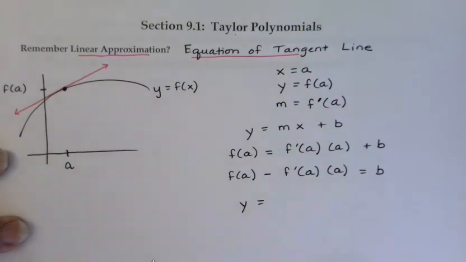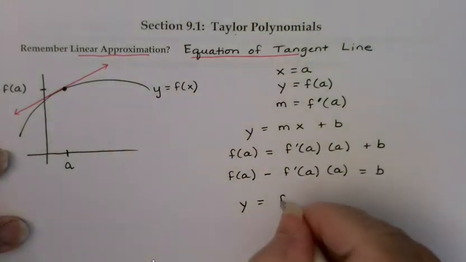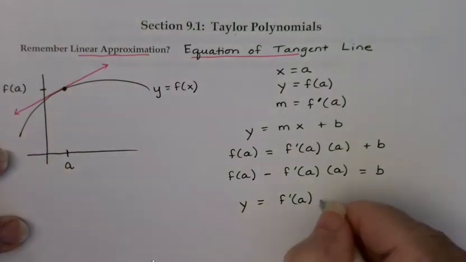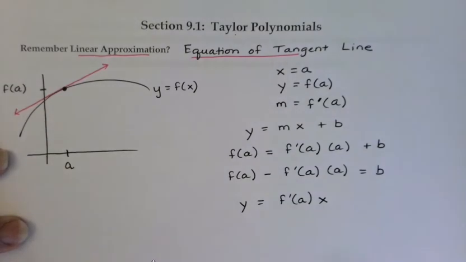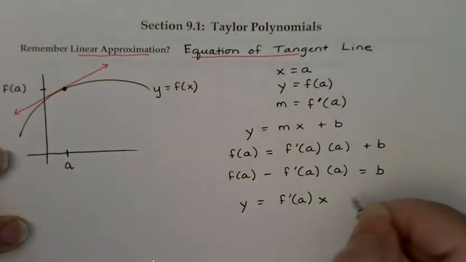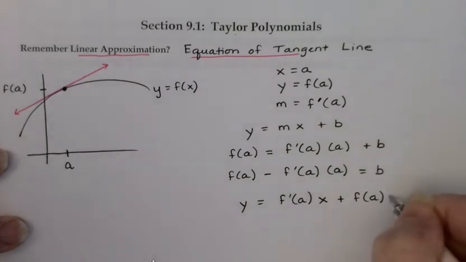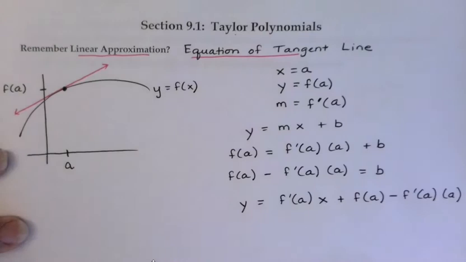So y equals the slope, f prime of a, times x, plus b, which is f of a minus f prime of a times a.